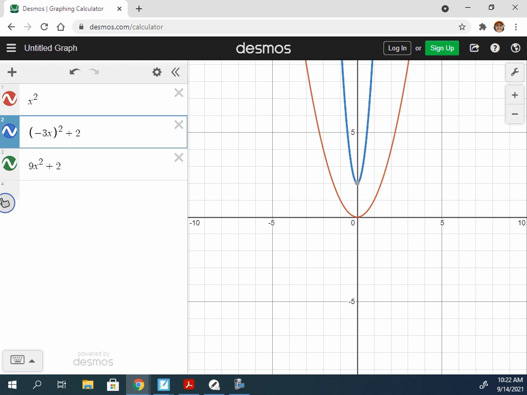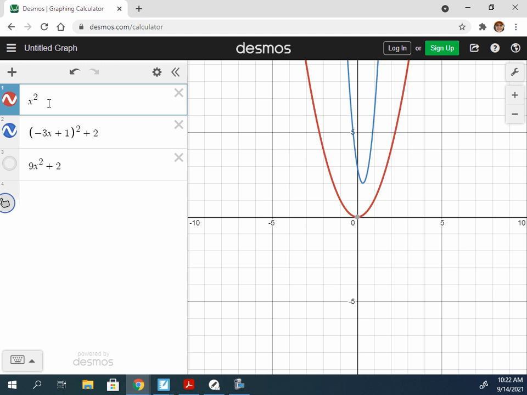But if, say, I did plus 1 here, so we get this function plus 1. Now, I'll take the 3x out.